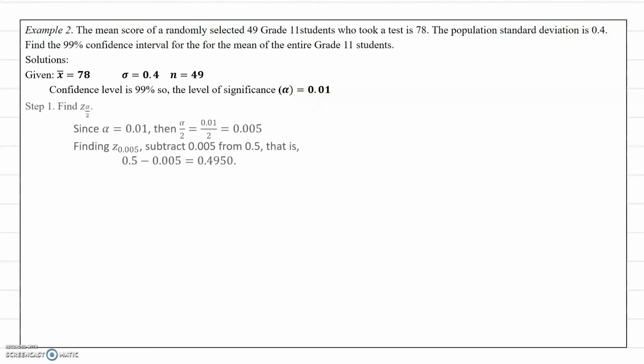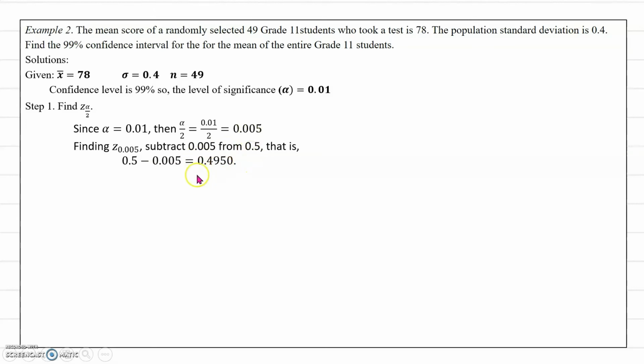Step 1. Let's find z sub alpha over 2, and since our alpha is 0.01, then alpha over 2 is 0.01 over 2, and that's 0.005. So subtracting 0.005 from 0.5, that will be equal to 0.4950.